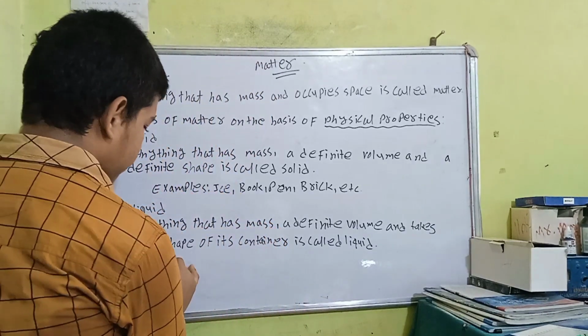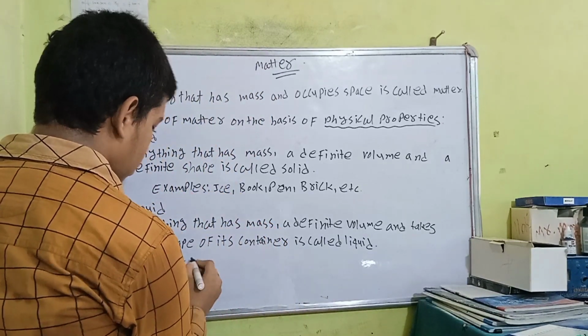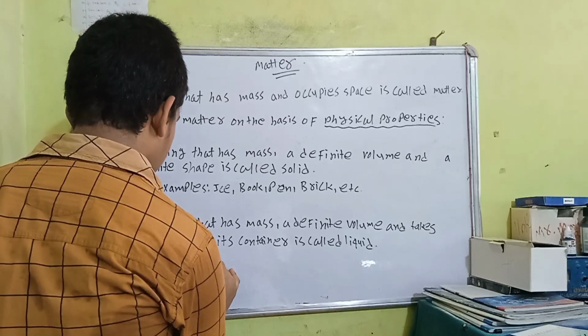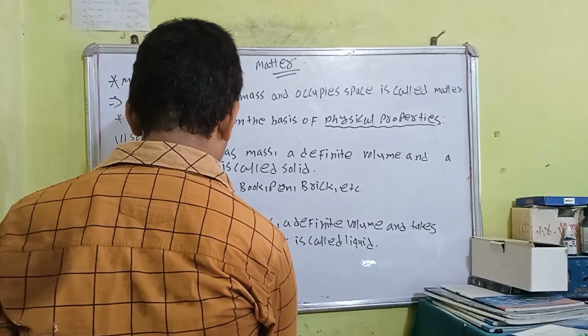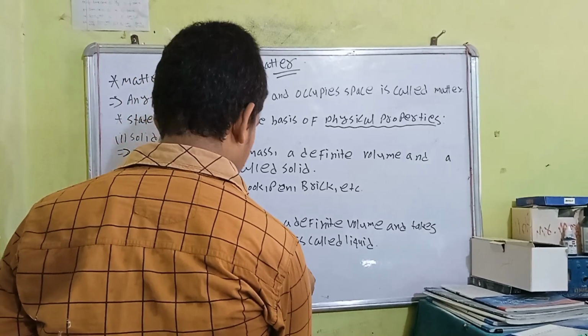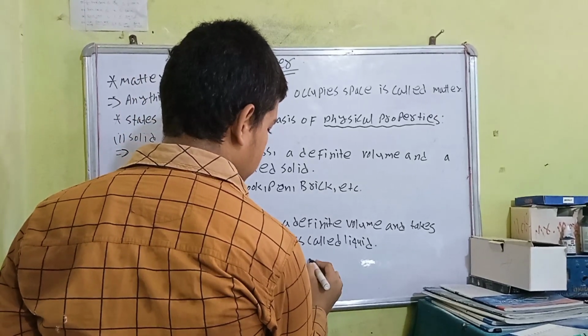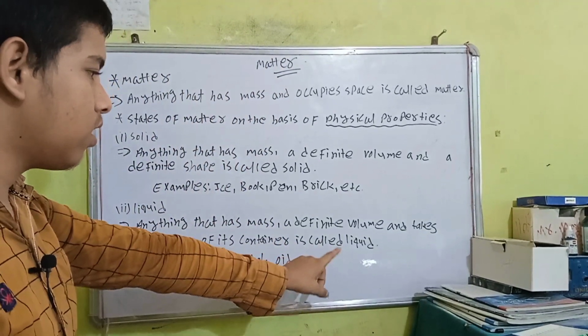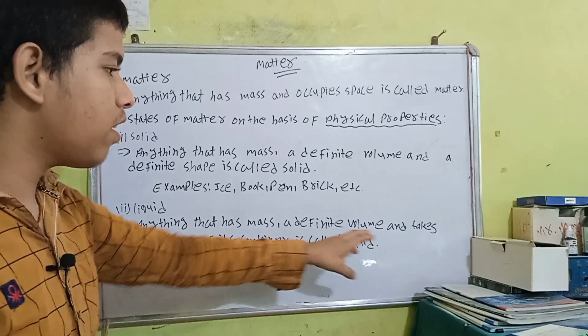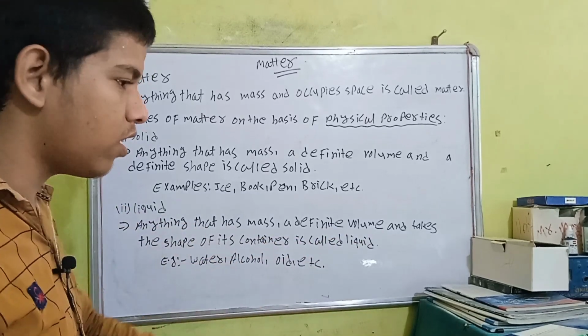For example, here water, alcohol, oil, etc. These are liquid. Anything that has mass and a definite volume and takes the shape of its container.